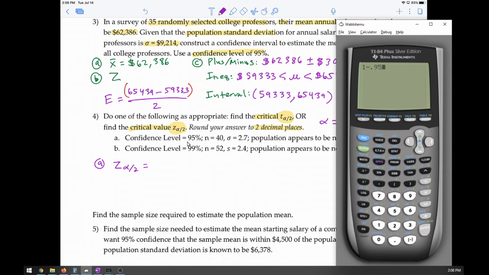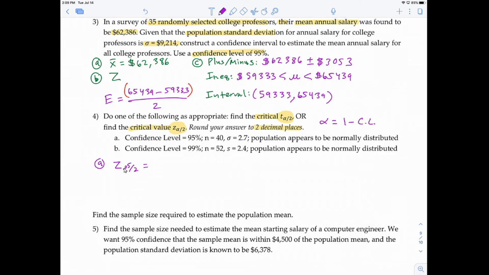The confidence level is 95%. So alpha is equal to 0.05, which means we need to figure out z sub 0.05 divided by 2.